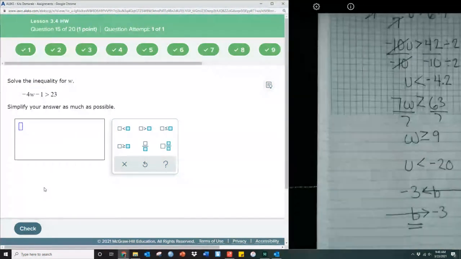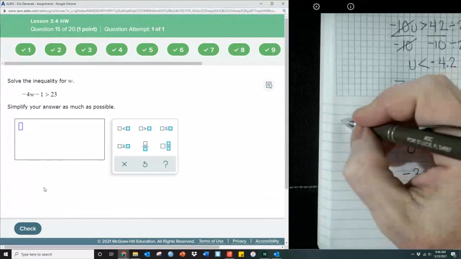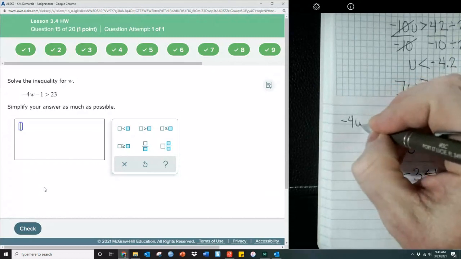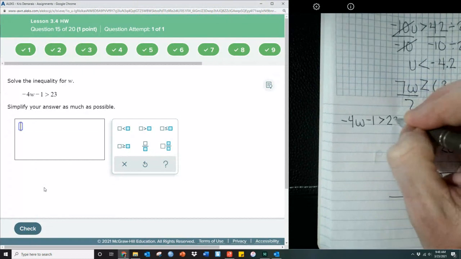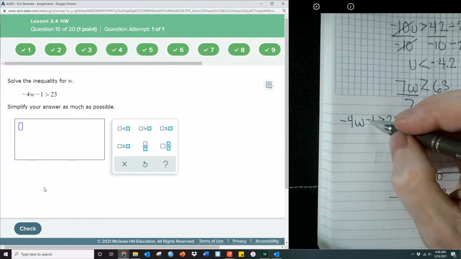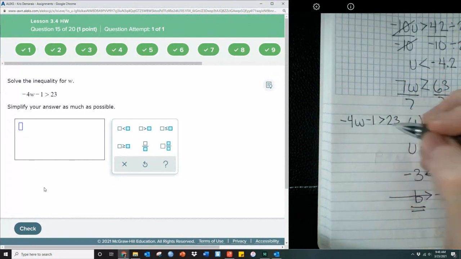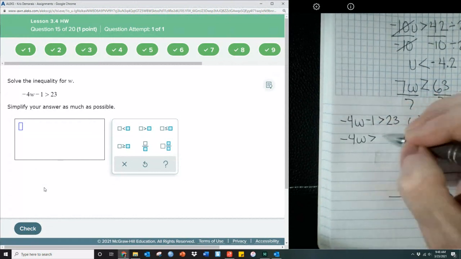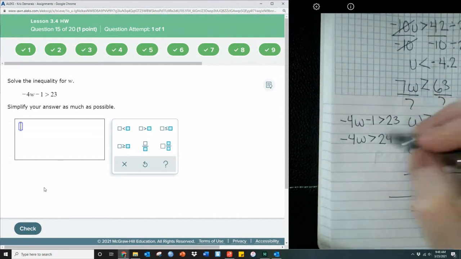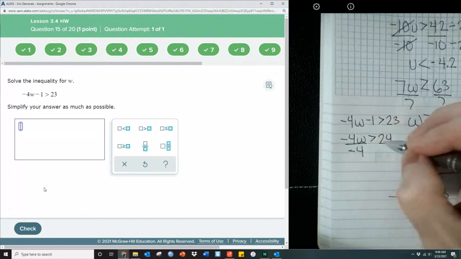All right, now doing this one. There's a negative sign in here, so we're going to do some switching of the signs, and I can assure you that. So we're going to add 1 to both sides. Now we're going to divide both sides by -4.